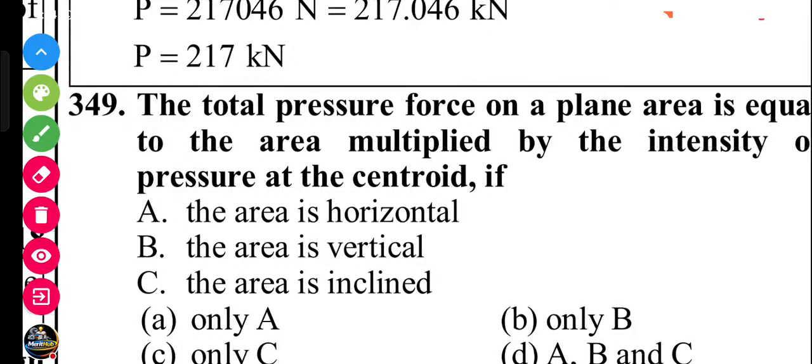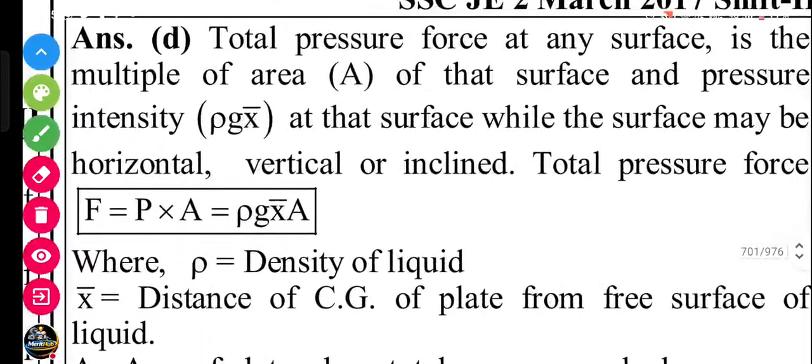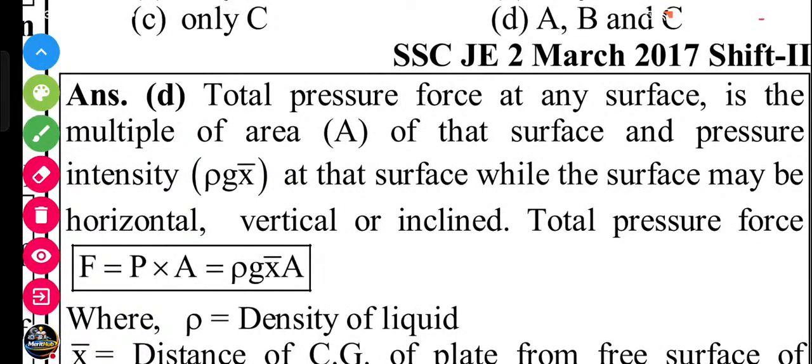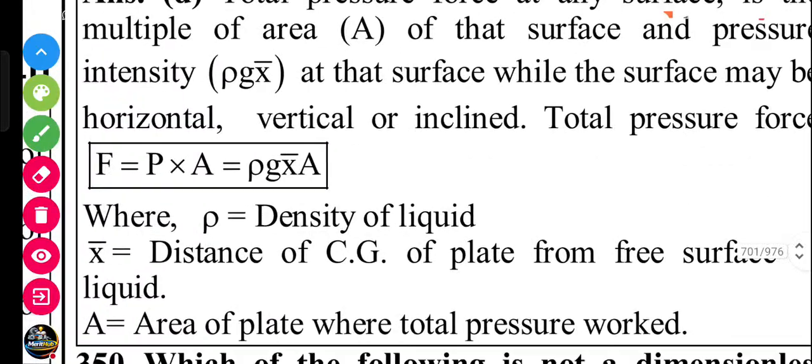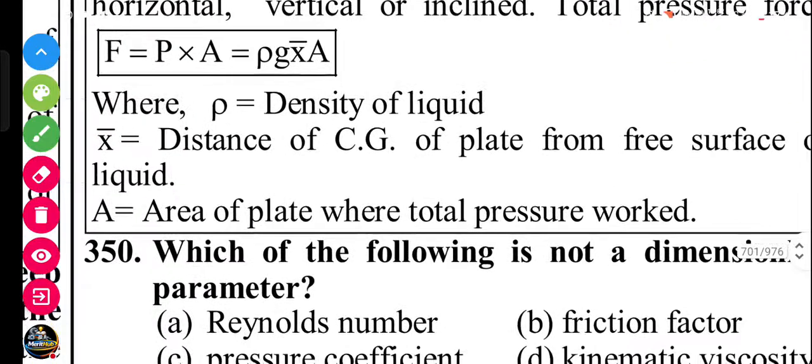If the area is horizontal, vertical, or inclined, in all cases the total pressure on the surface is the area multiplied by the pressure intensity at the centroid. Whether the surface is horizontal, vertical, or inclined, the total pressure force has the same formula, P equals rho g A h bar, where h bar equals x bar. x bar is the distance of the center of gravity of the plate from the free surface of the liquid.